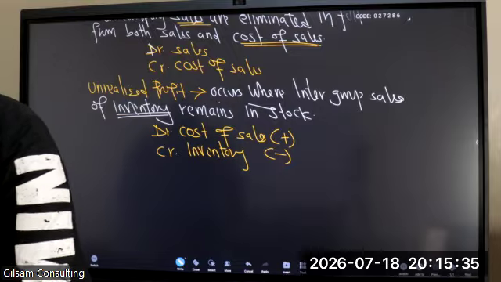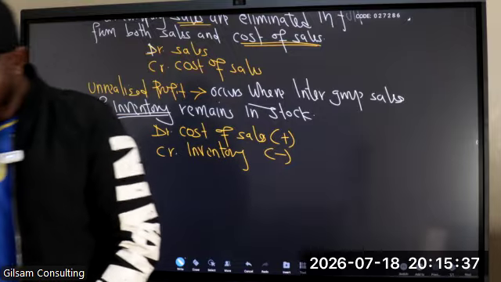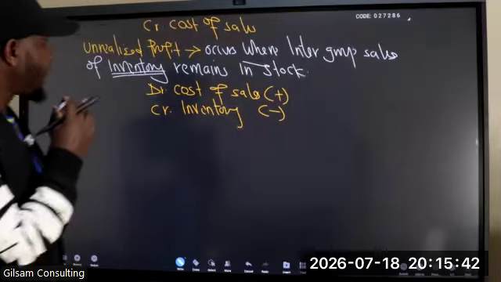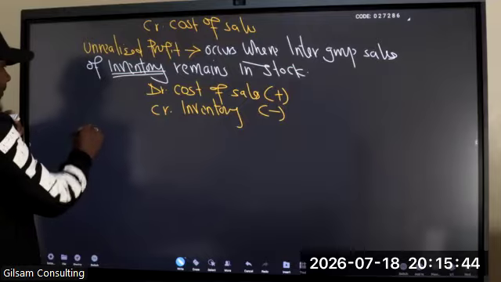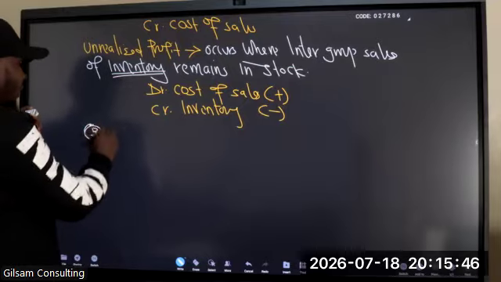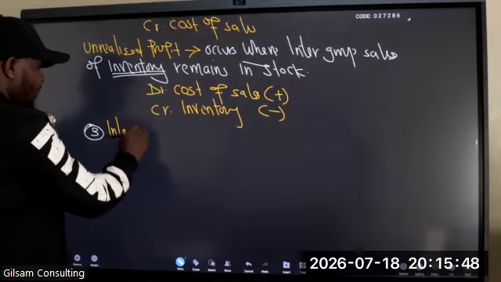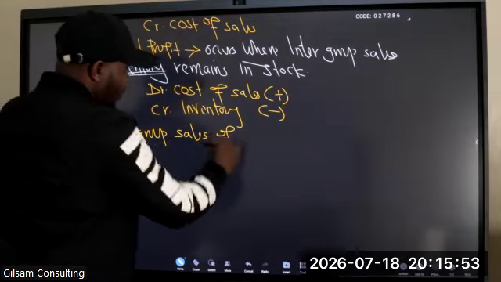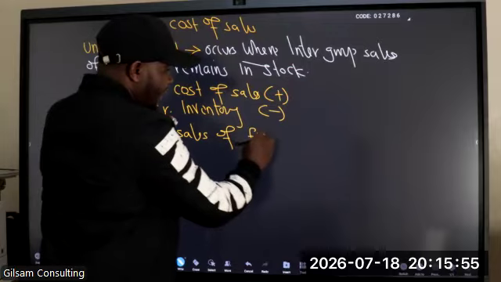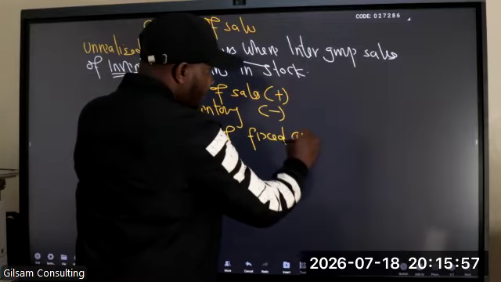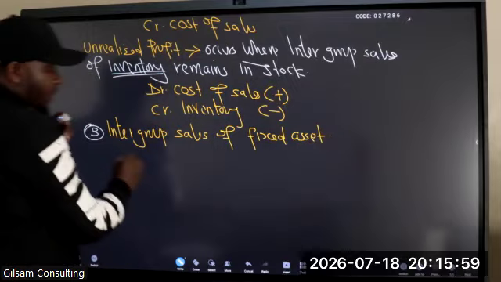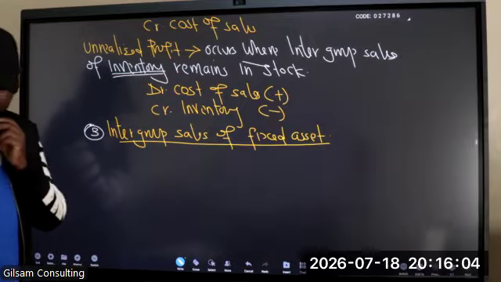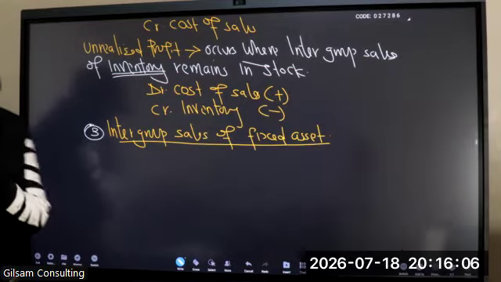So let's see another adjustment, which is number 3, intergroup sales of fixed assets.